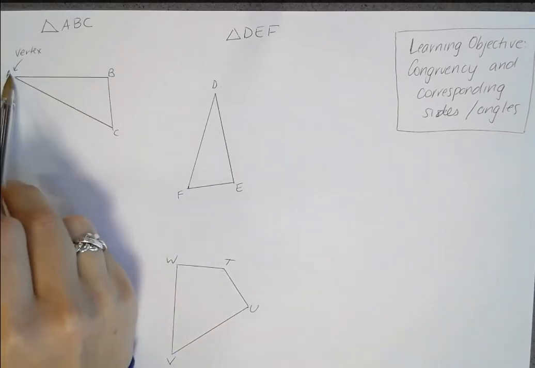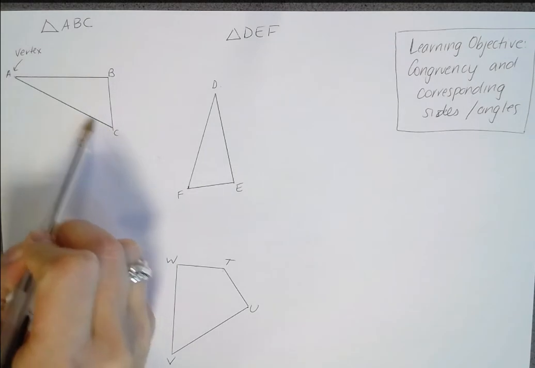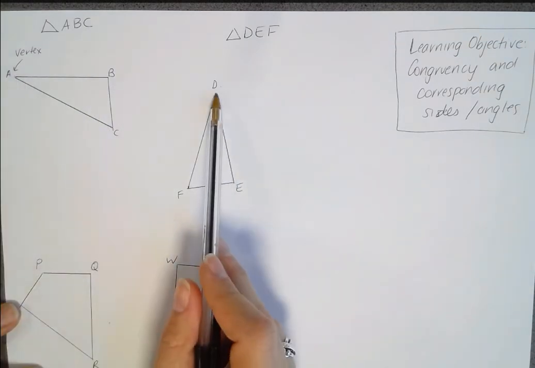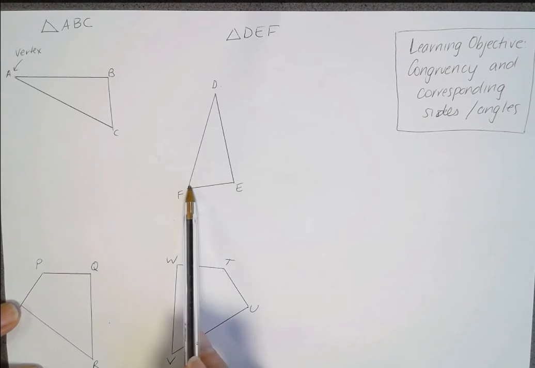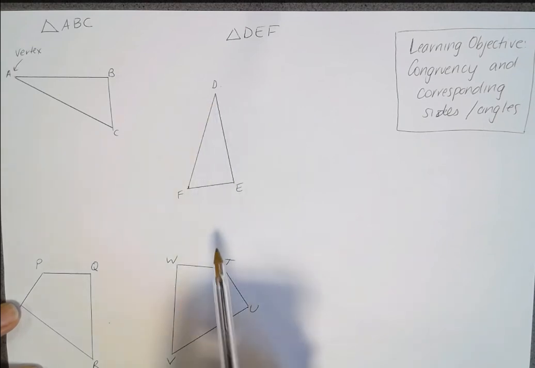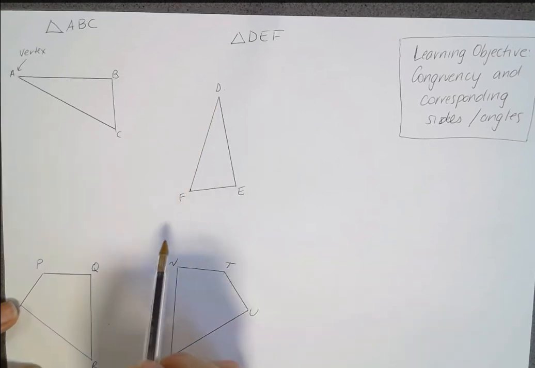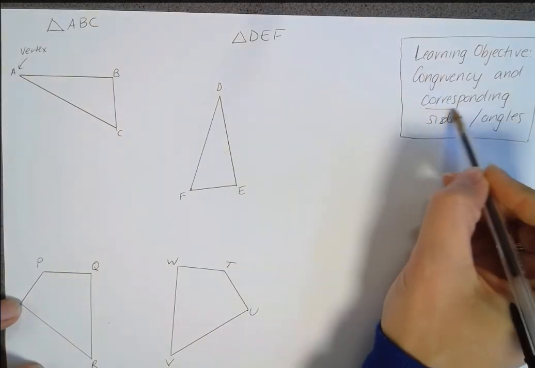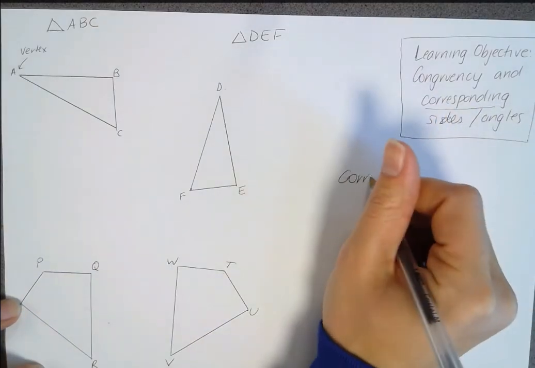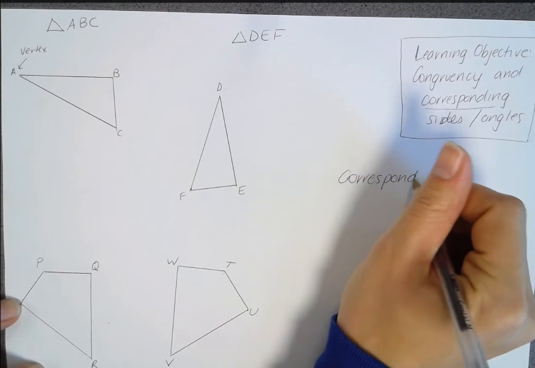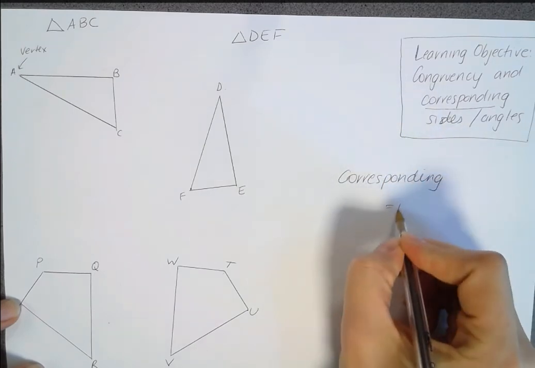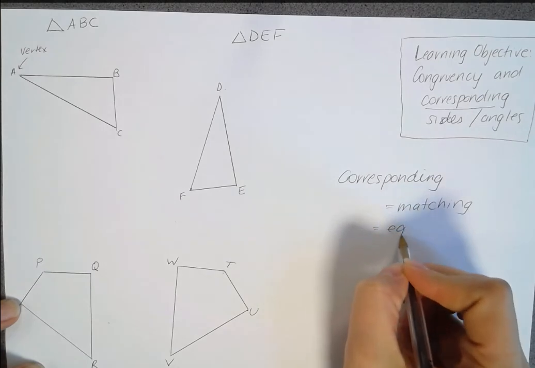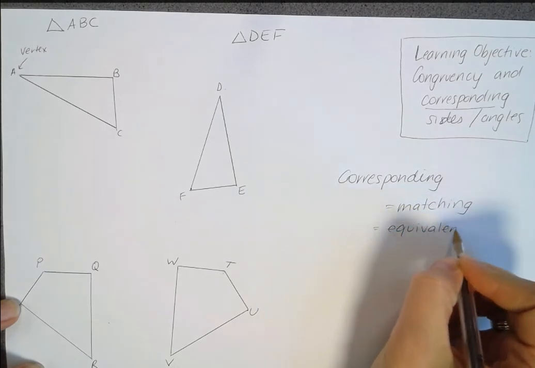So this triangle ABC is going to have a few things in common with triangle DEF, because they are actually a congruent pair. They are the same shape but rotated. So what we need to find out is which ones correspond. Now when we talk about shapes, the word corresponding is talking about the matching side or the equivalent side, things like that.